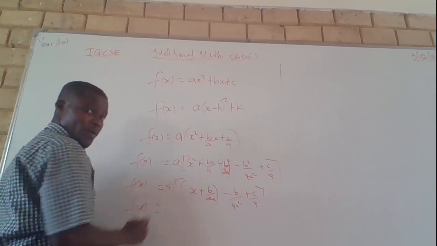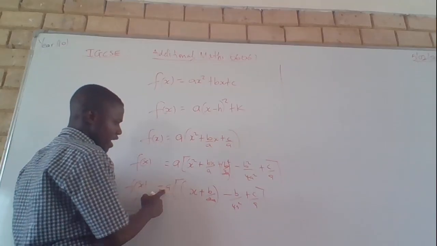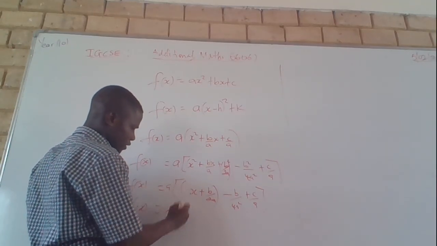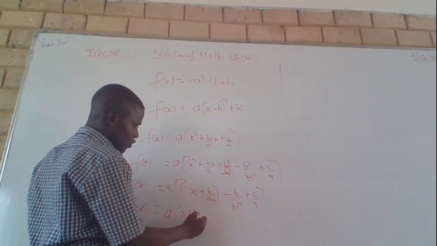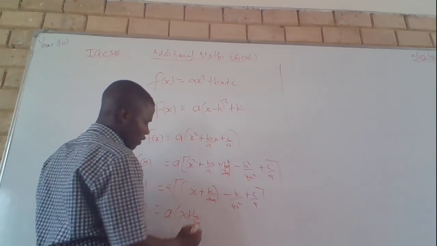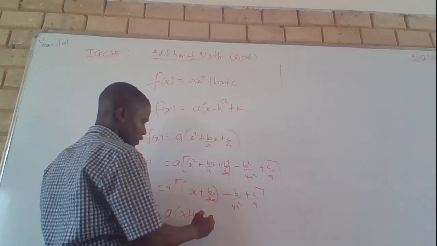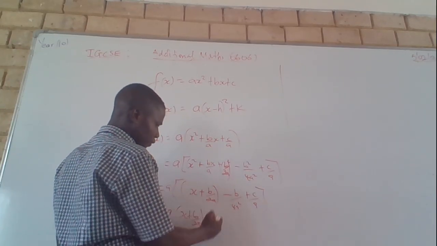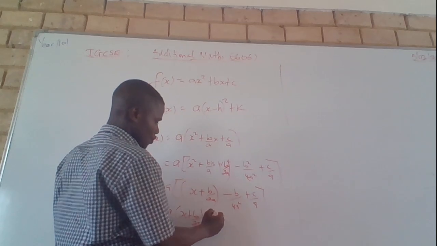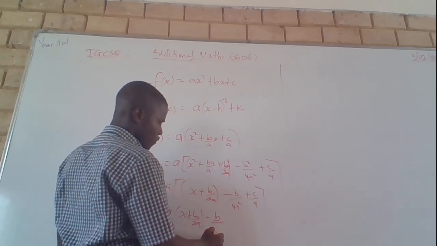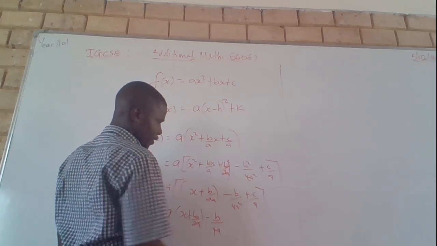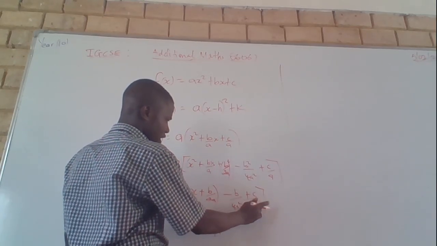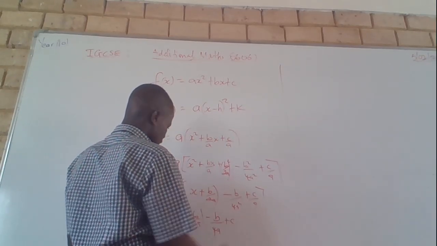So multiply throughout by a, this gives me a times the bracket here, so that bracket remains x plus b over 2a, right? Then, if I multiply this one by this one will kill one of the a's. So it will cancel one of the a's. So we have b squared over 4a, all right? Then multiply this one by that, then it will cancel the a for this one. We have plus c, yeah?